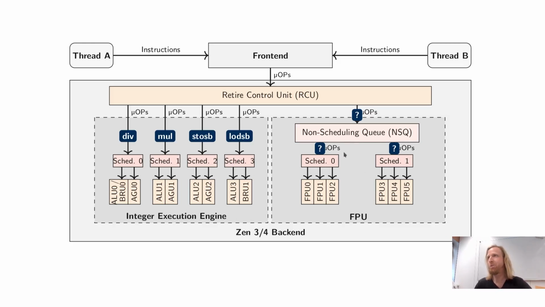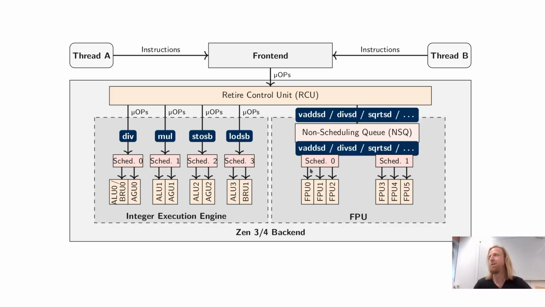For the FPU, it's a little bit more complicated because basically we were not able to prime a single scheduler here. There is this DIFFSD instruction, which is documented to go only to scheduler 0, but we figured out that it actually uses both of them. So while we cannot prime a single scheduler of the FPU, we are still able to prime the entire FPU.